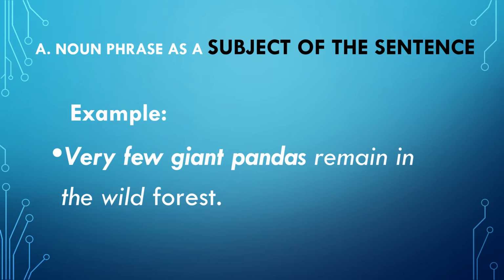So here we have an example. Very few giant pandas remain in the wild forest. This sentence is clearly about the small number of wild pandas. And so, very few giant pandas is the subject of the sentence.